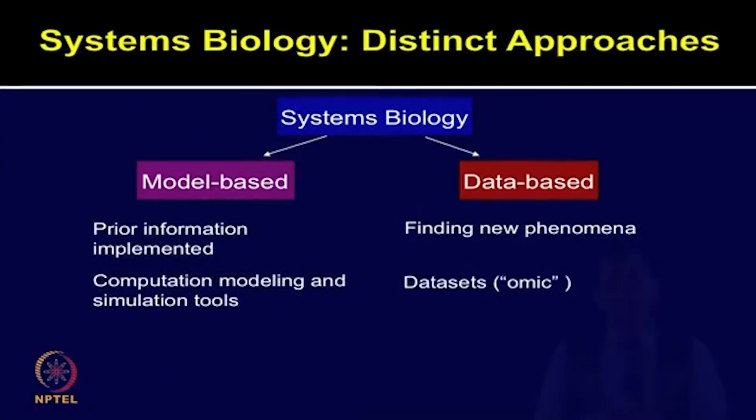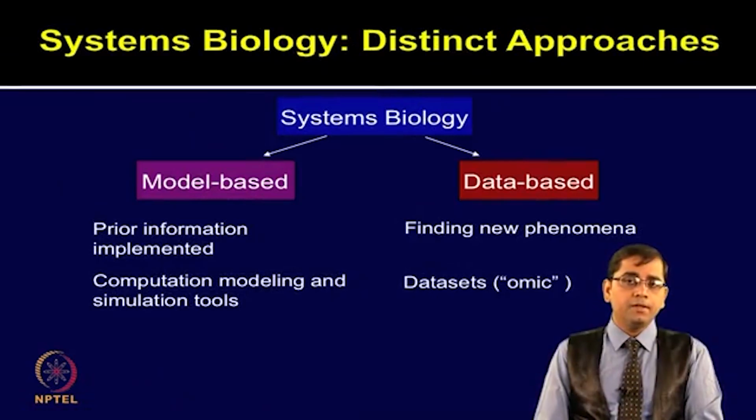So, what are the different approaches which have been taken to study systems biology? The different approaches of systems biology include the model based and data based methods. The model based approach involves some prior information which can be implemented in the models, whereas in the data based approach, the objective is to find a new phenomenon.